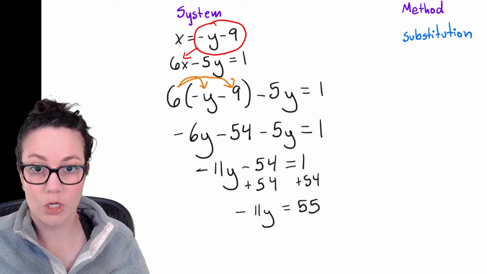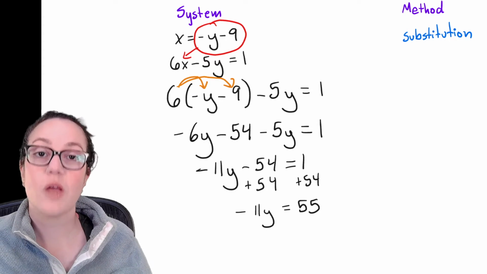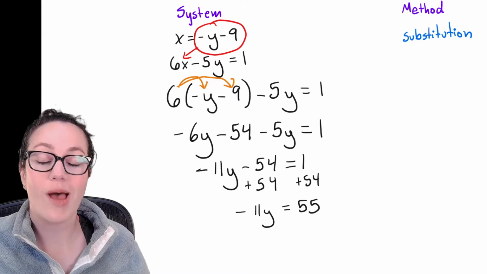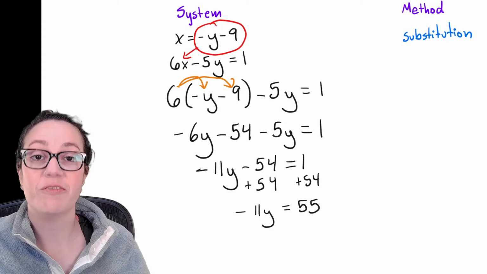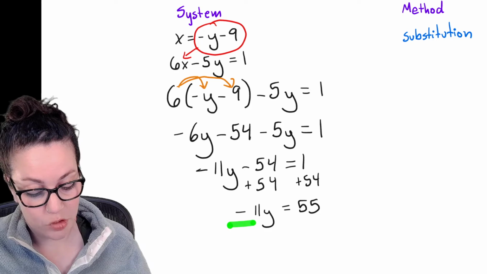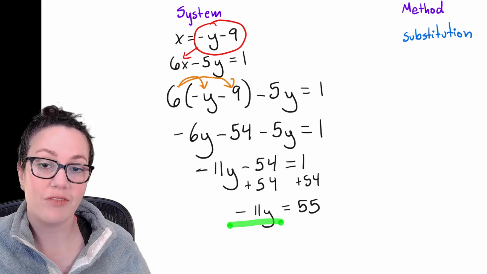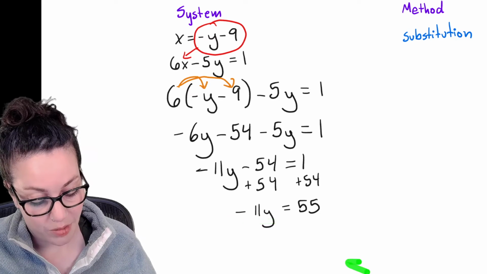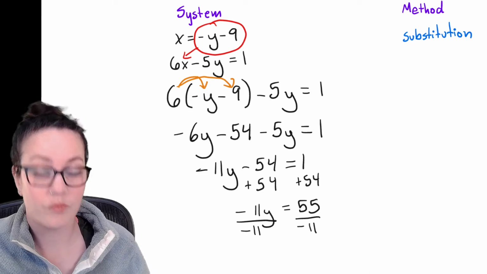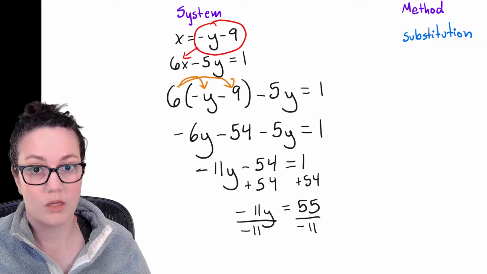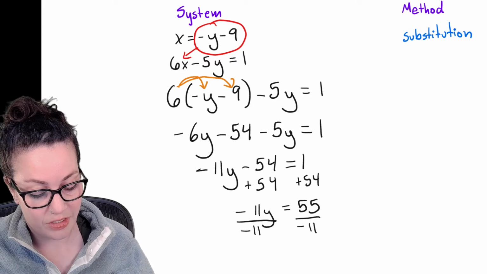Okay, looking good. Last but not least, to isolate y and have one positive y, I'm going to divide by its coefficient. So the coefficient on y right now is -11. That's what I'm going to divide both sides by, -11. Well, negative 11 divided by negative 11 is 1.